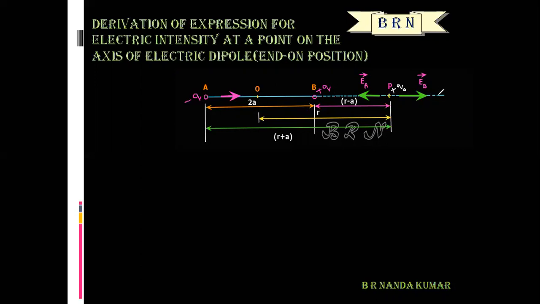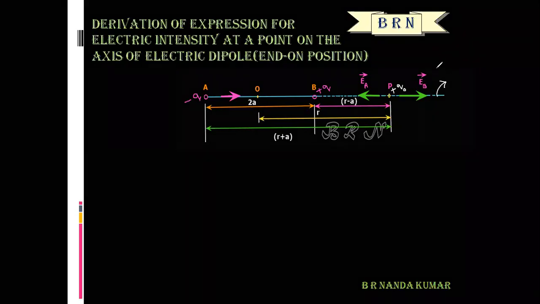What is the meaning of axial line? This is the axial line. The axial line is a line passing through the dipole axis. So P is here the observation point, a point that lies on the axial line.